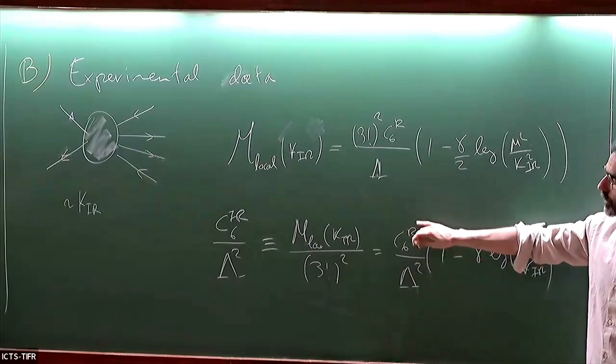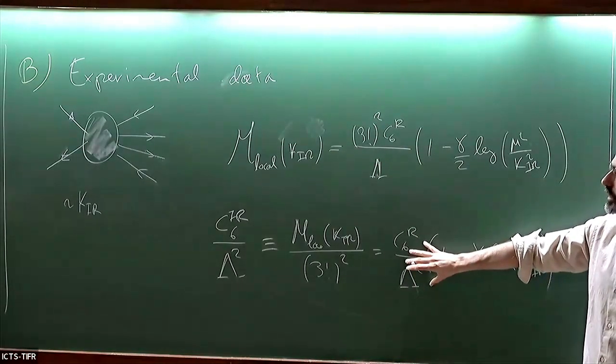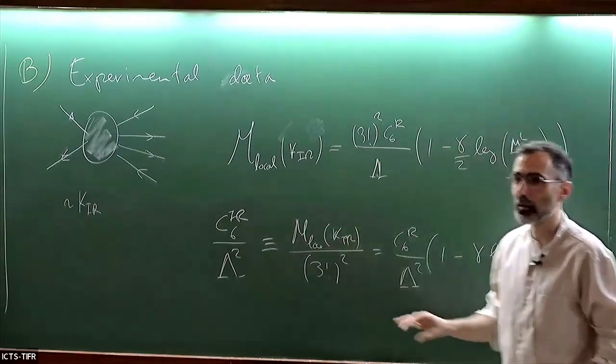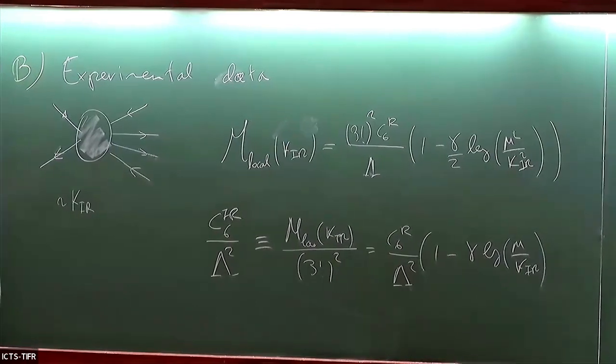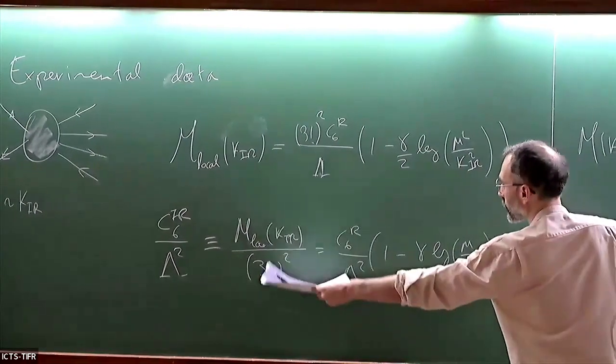I want to substitute my C6R in terms of this measured C6_IR. So just plugging it back into the general expression for a matrix element, now evaluated at other different K, I'll simply have C6R is 1 over that.